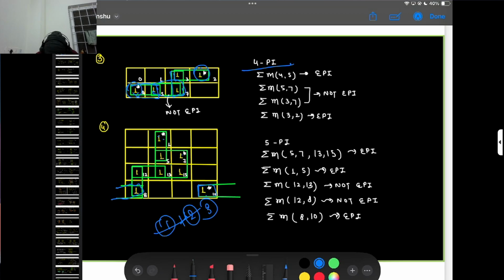One group, two group, and three group. 5 7. How 13 can be EPI?